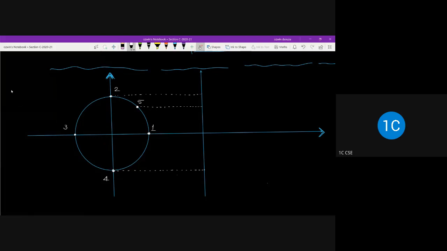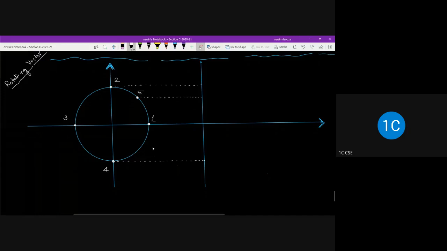Now, this is known as the concept of rotating vector. In the sense, your AC signal can be assumed as a vector which is constantly rotating in space, and the vector length represents the maximum value of the signal, either the maximum value of the voltage or of the current.